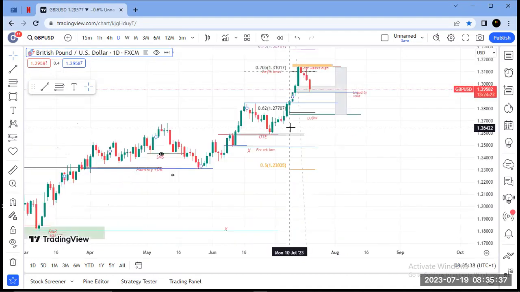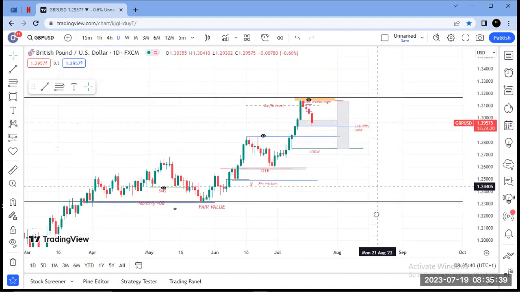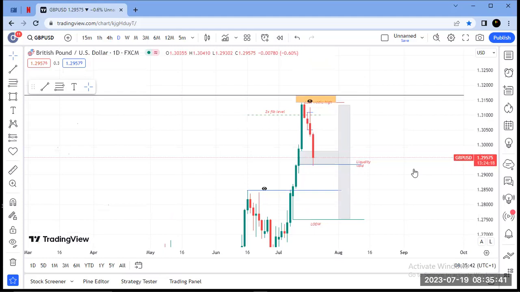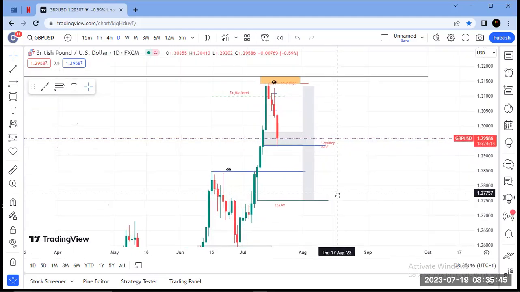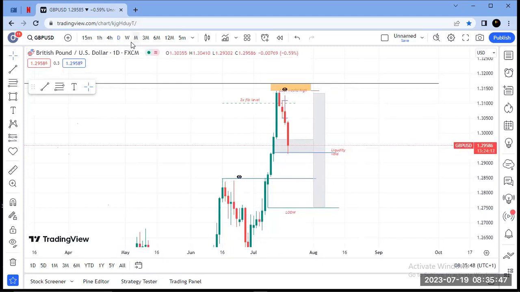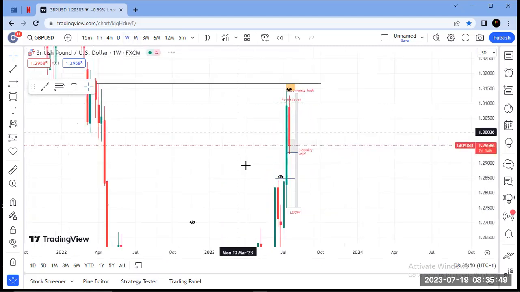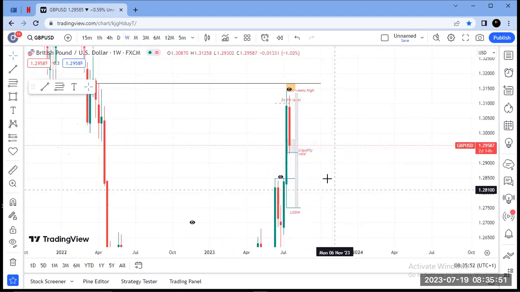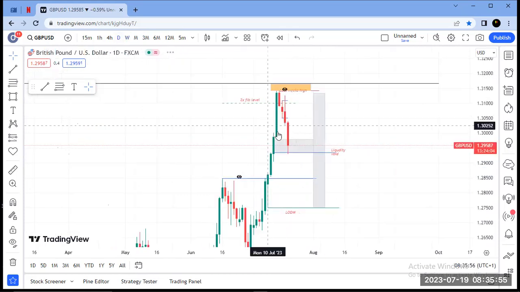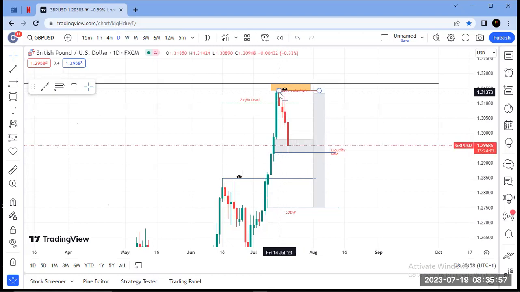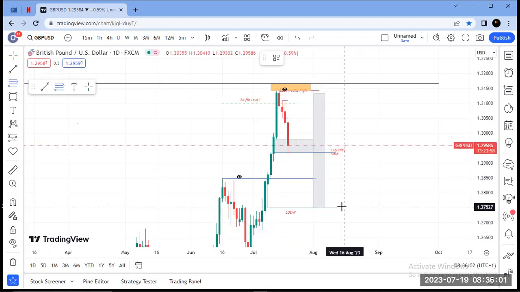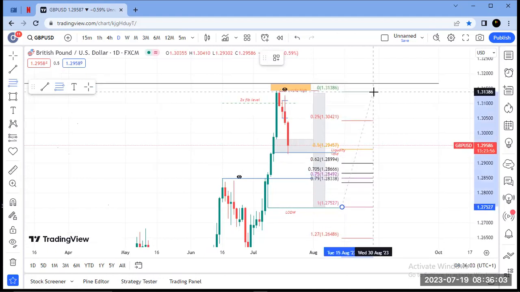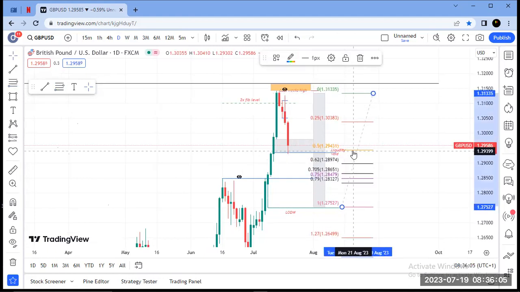So the GBP. Look at the GBP now. I drafted out the previous weekly candle, and we are already at half of that range. Look at it.